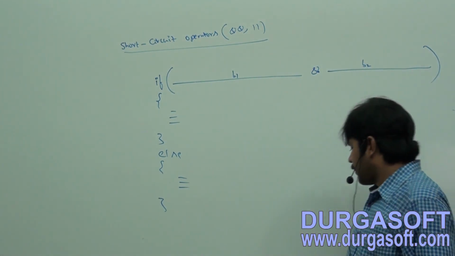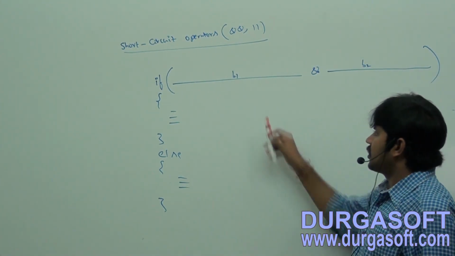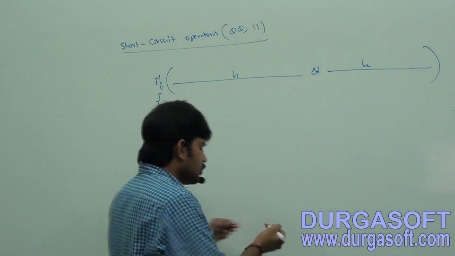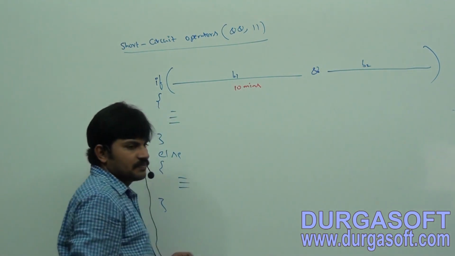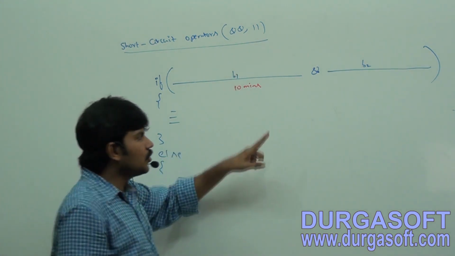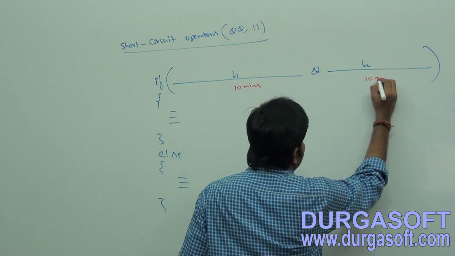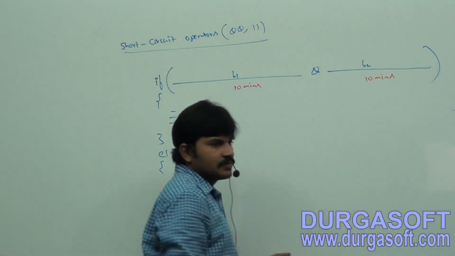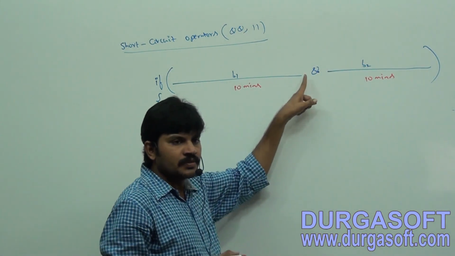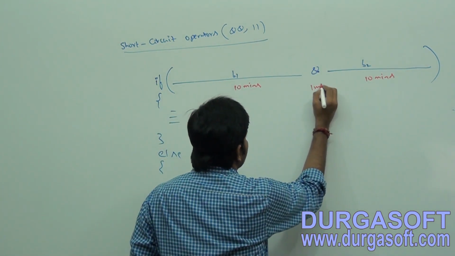Now observe. To evaluate this part, B1, assume 10 minutes time is required. To evaluate this one, 10 minutes time is required. Then to evaluate the AND operator, another 1 minute is required.